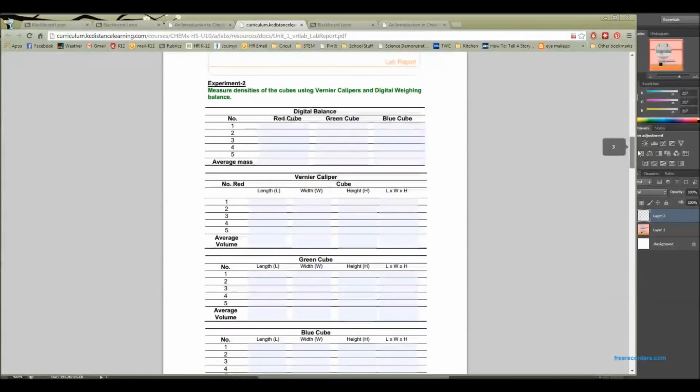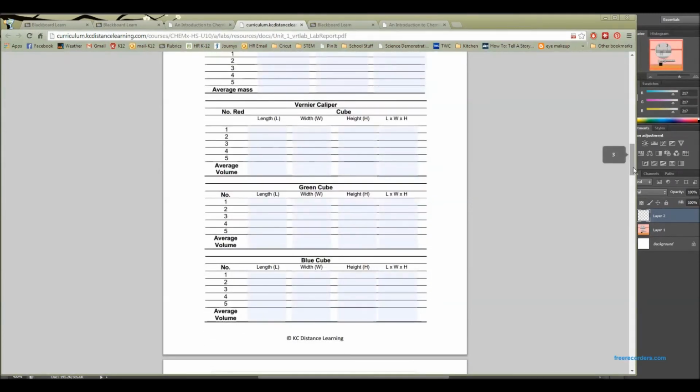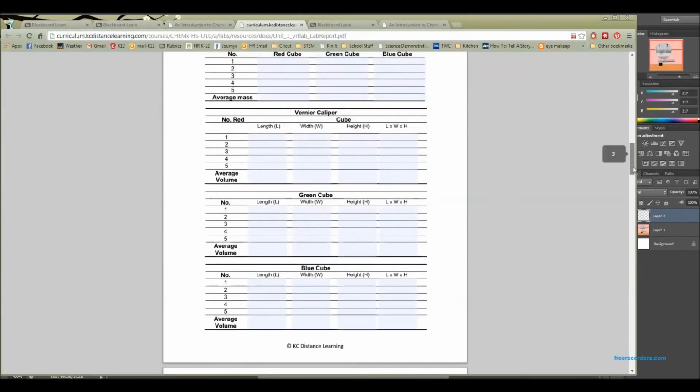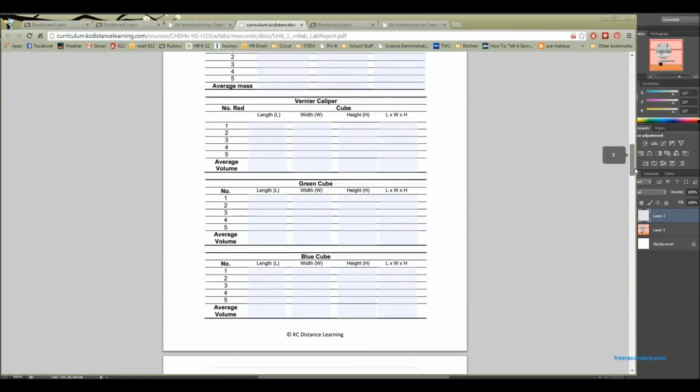For experiment 2, you take average masses with the digital balance, and you take 5 averages with the vernier caliper. And in science, we always use averages, or we very often use averages. In actual scientific experiments, they use averages.